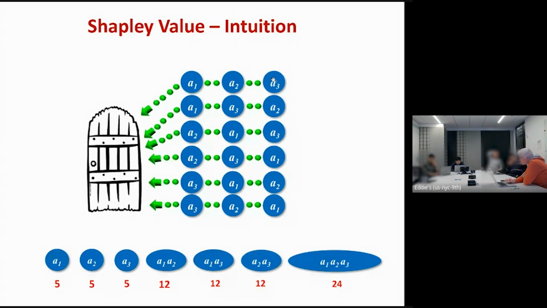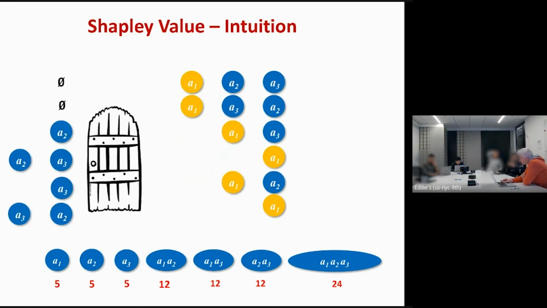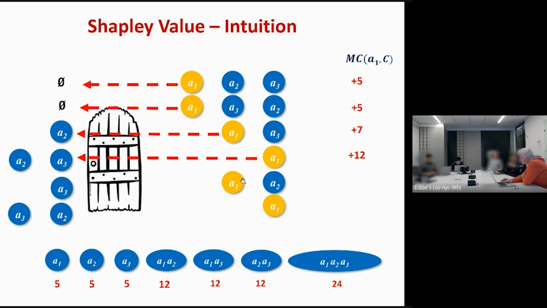You consider all permutations of the set of players, ordering them in every possible way. Then they go into the game, and each time you consider the marginal contribution of a player in this order. These players already entered the game, now i enters the game, and you consider his marginal contribution to the game.